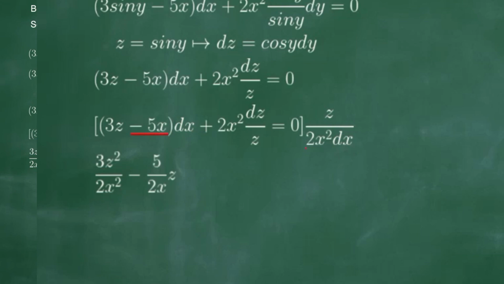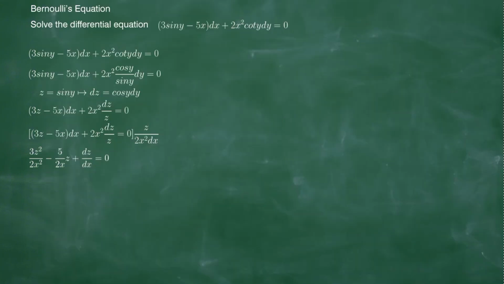Next we divide negative 5x by 2x². We have 5 over 2x, so the x here will cancel, and we only have 2x in the denominator. Then multiply it by z. For the last term, z will cancel, and 2x² will also cancel, so we are left with dz/dx.